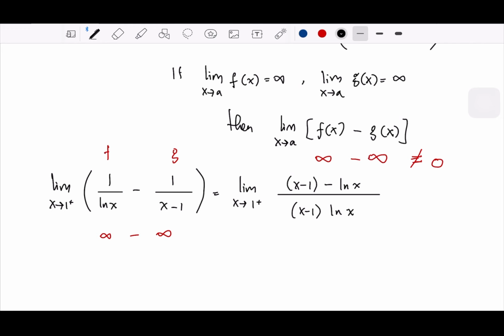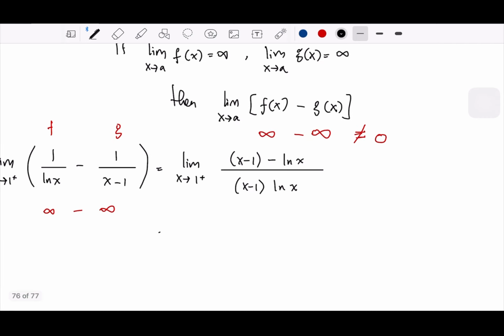Okay, when we have this combined together, we check the limit. The top is 0, and the denominator is also 0. So it's 0 over 0, and we can do L'Hopital's Rule. Usually we write LH to note that we are doing L'Hopital's Rule.